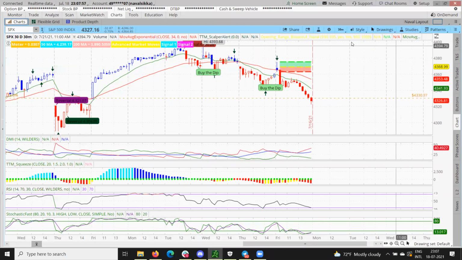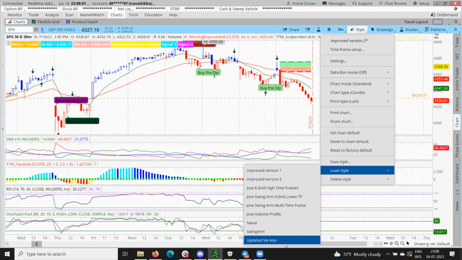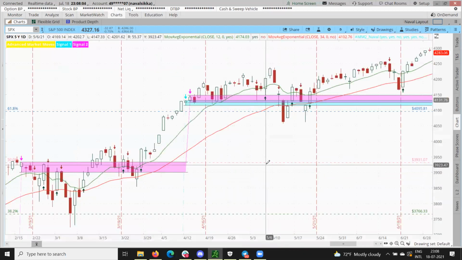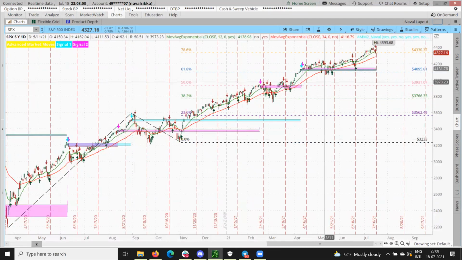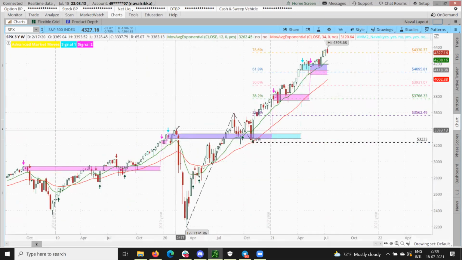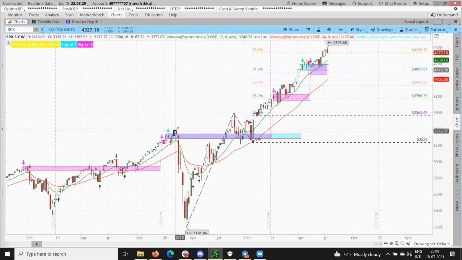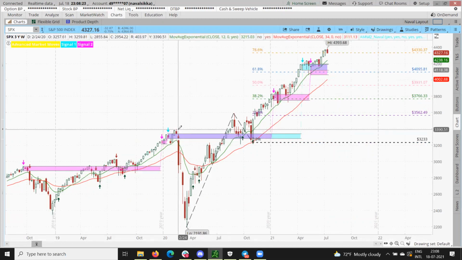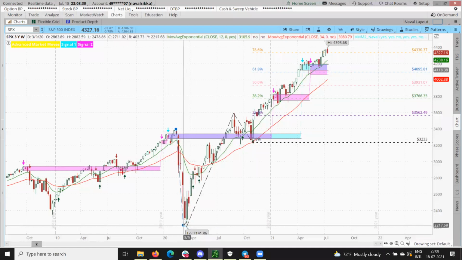So let me go back. Let me go to weekly just to be clear. See, right here we were there and we went off the cliff. If I draw the extensions here, right from this point to this, it will not make sense.